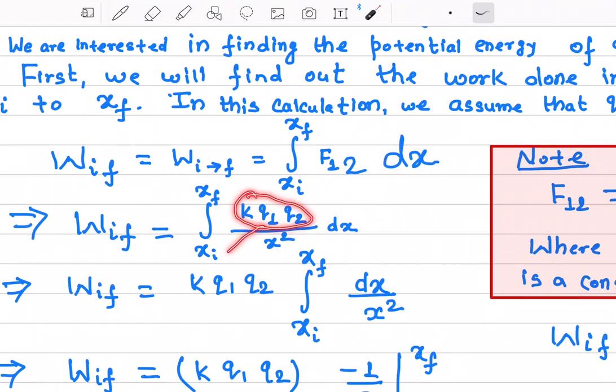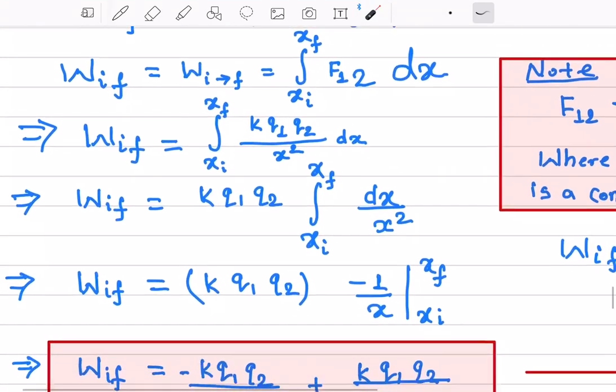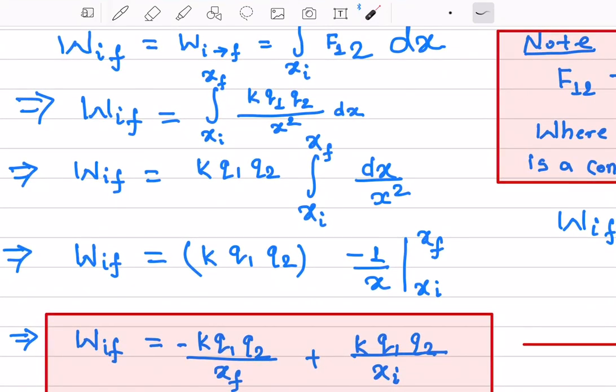So this is the force, and this is the dx. K is a constant, so we'll take it out of the integration. Then we are left with dx divided by x squared, because this is the only variable now.